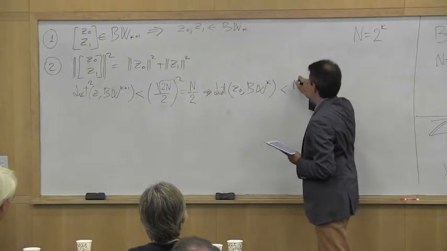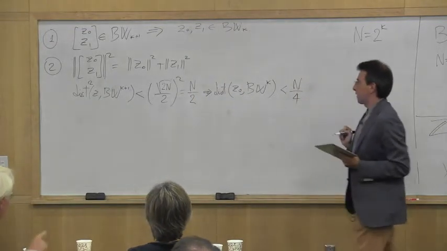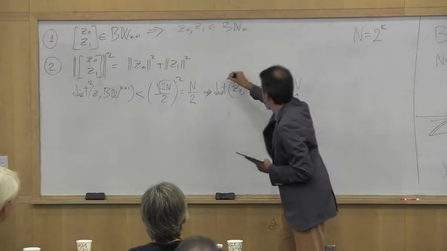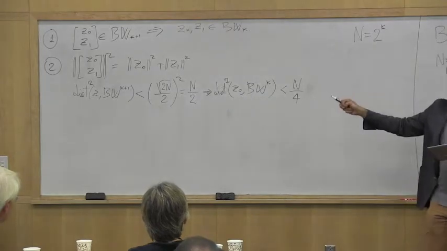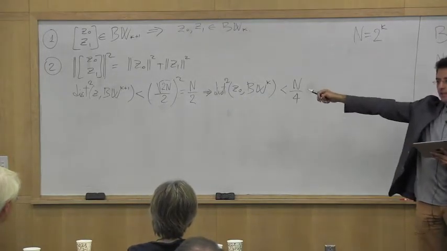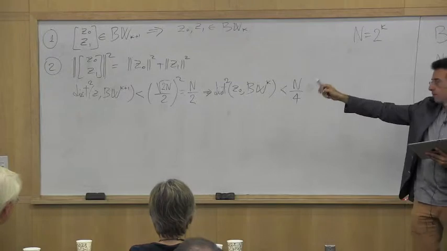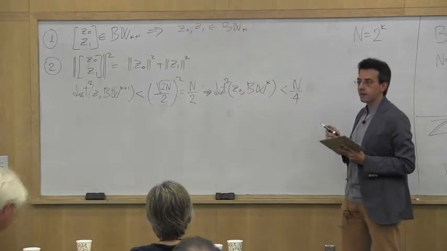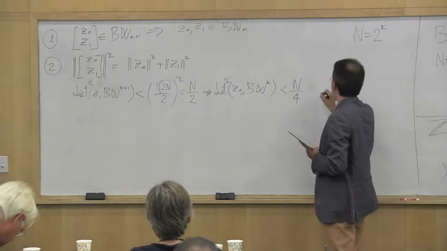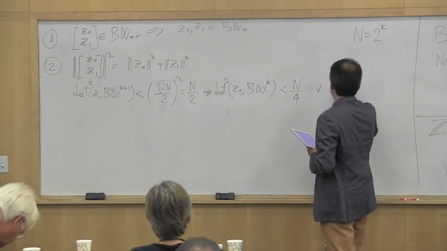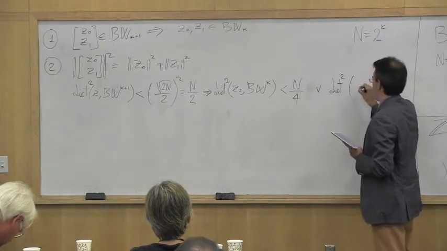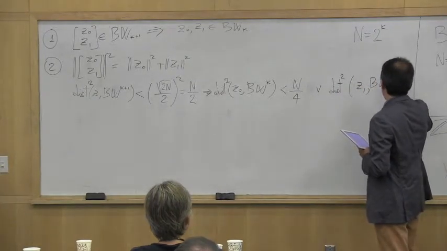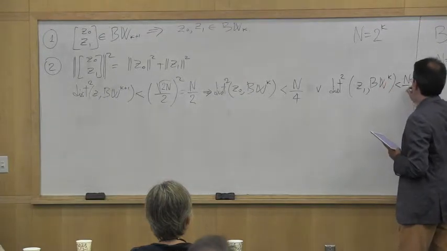And here we have the square distance. So if the square distance is at most n over 2, then either z0 is at square distance less than n over 4, or z1 is at square distance less than n over 4.